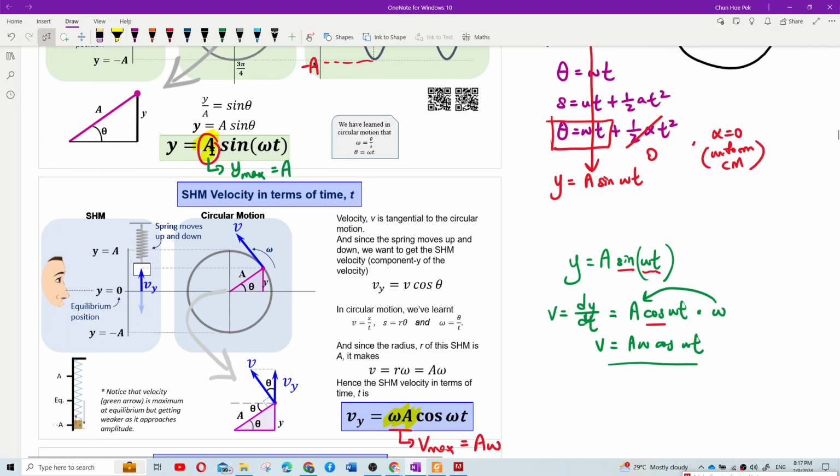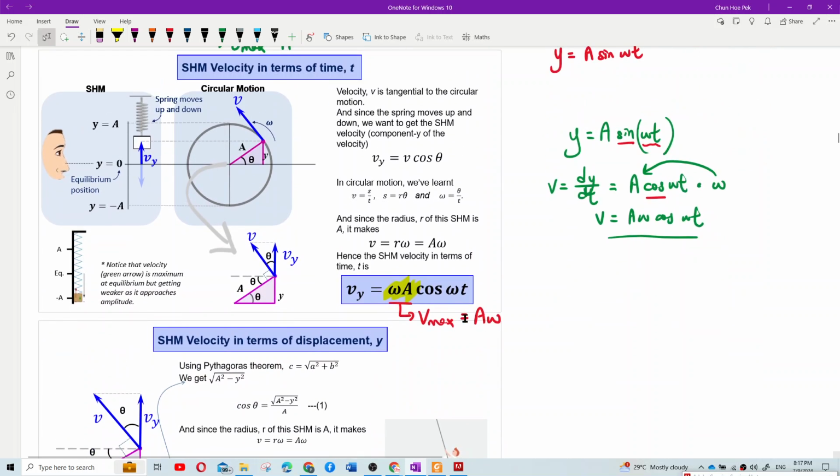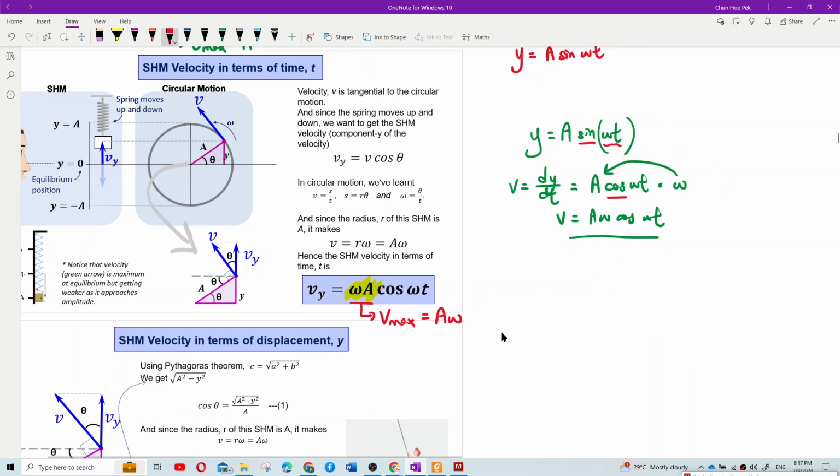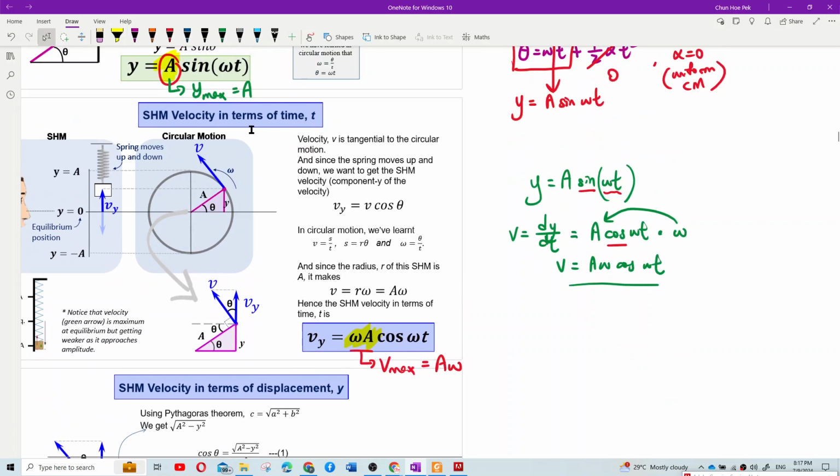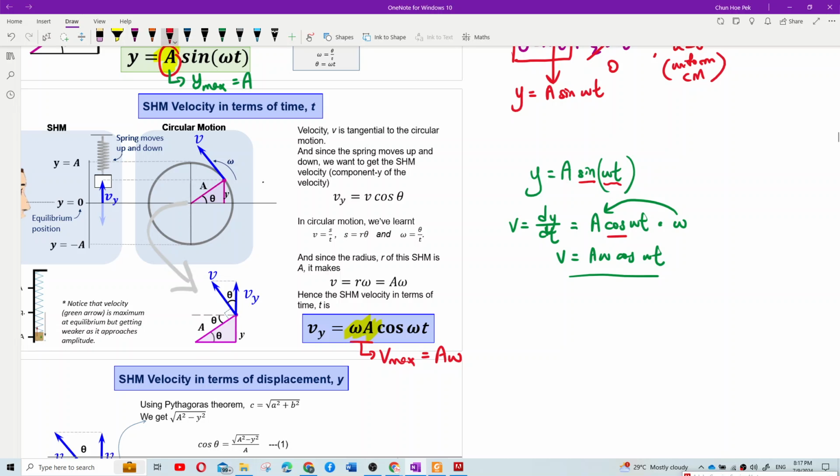Just now y maximum is A, V maximum is A omega. What's the graph for this velocity? You get a cos graph. He didn't show it here, but I draw for you. Velocity versus time, you get a cos graph, which means like this.